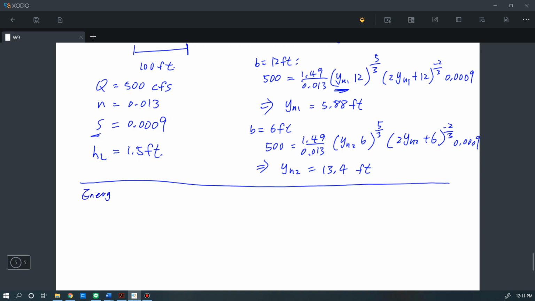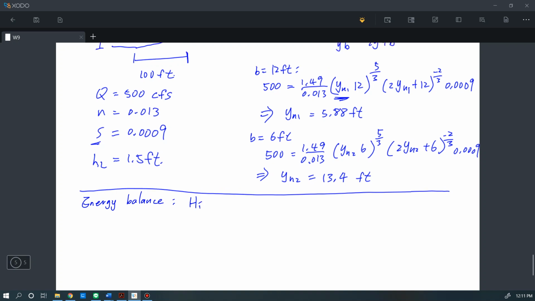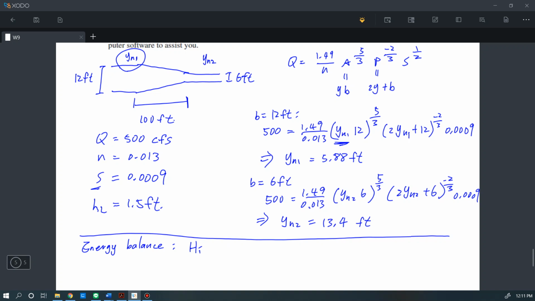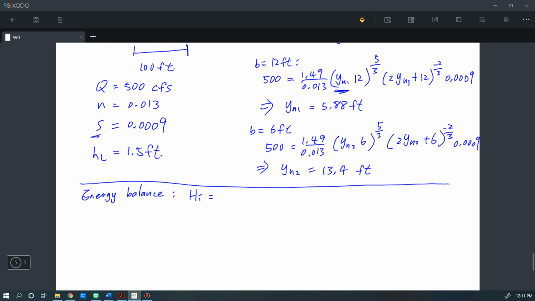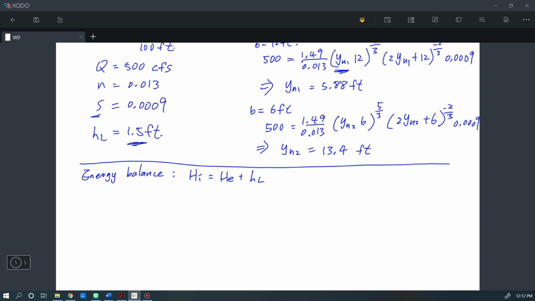The idea is that if we use the energy balance, the entrance of this transition flow has the energy H1, which will be equal to the energy at the exit plus the energy loss, which is 1.5 feet as given by the problem. So let's expand this equation.